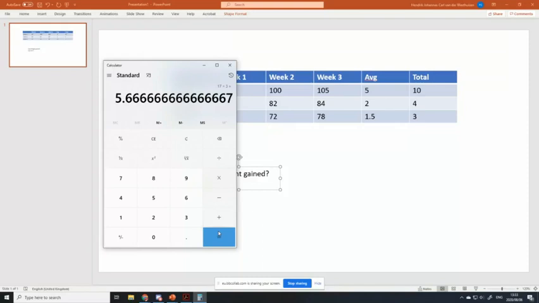Yes, it is. Now keep in mind, I'm not asking for the average of the average weight gained. A lot of the students that have been emailing me are seeing this incorrectly. They're seeing the average of the average weight gain. I'm asking for the average weight gained for all clients combined.